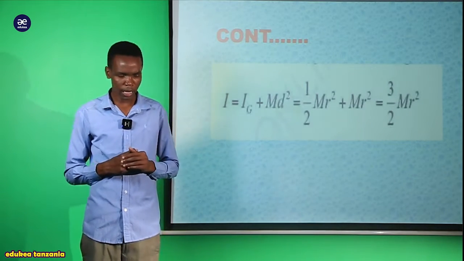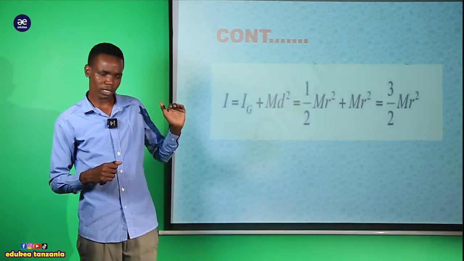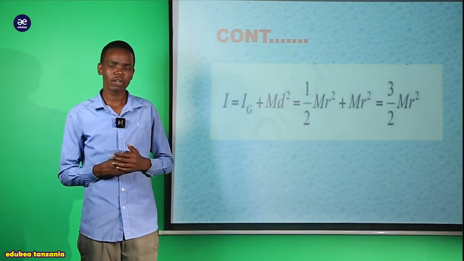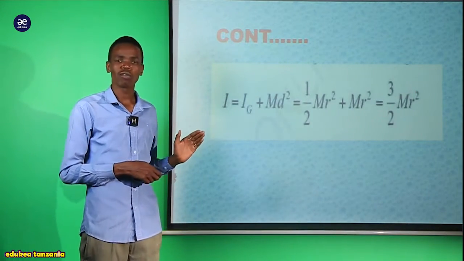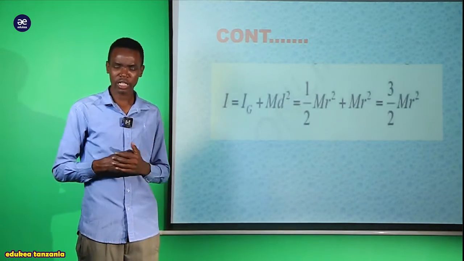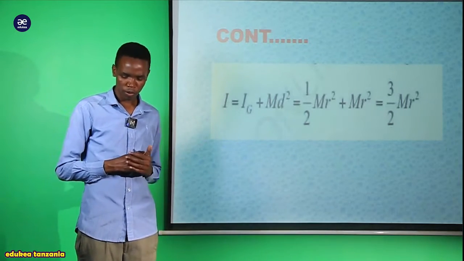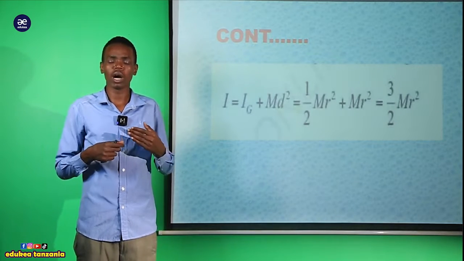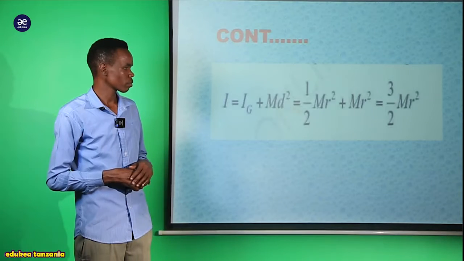Or another question: prove, using the parallel axis theorem, that the moment of inertia for the solid cylinder is given by 3/2 mr square. This is some question you could be asked on your examination. So you are supposed to follow very carefully so that you can gain more knowledge on how to demonstrate a question like this one.